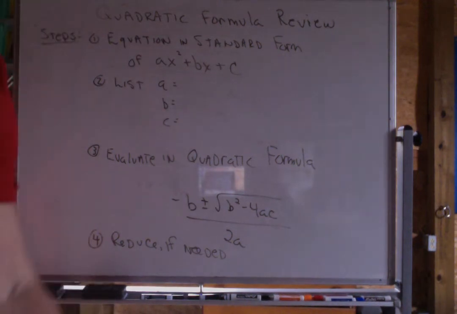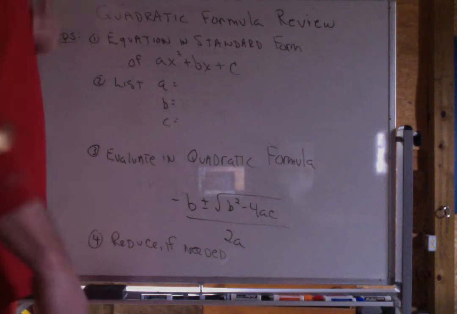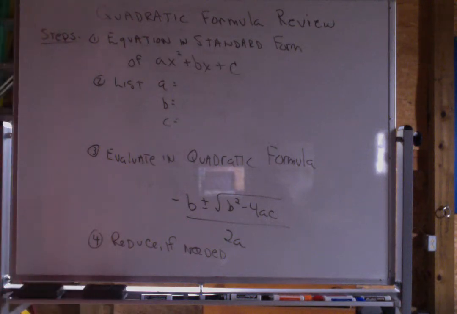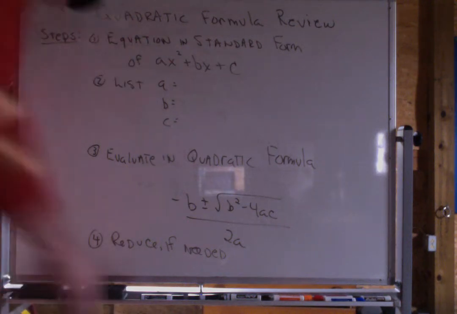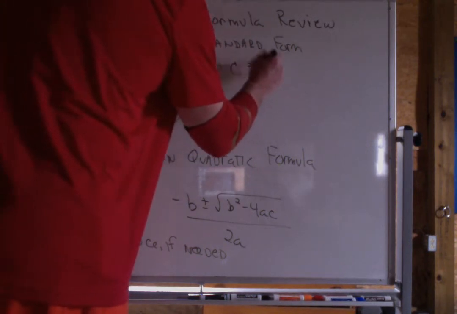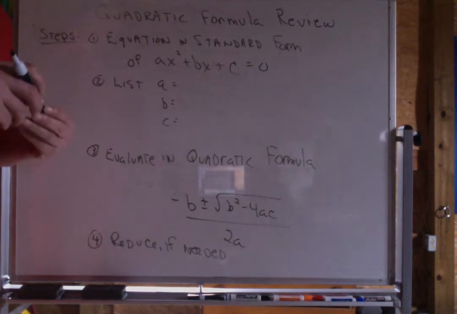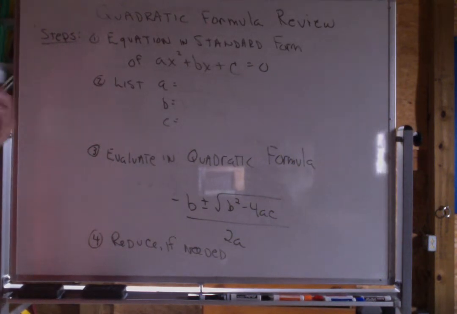So remember our steps, we might even have that on our card. Our equation has to be in standard form: ax squared plus bx plus c equals 0. When we get to our example, we usually like to avoid having a fraction. We don't always have to, but we like to avoid that.